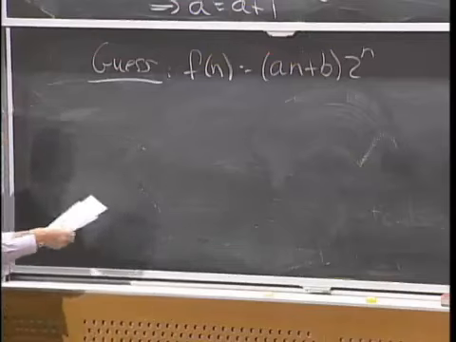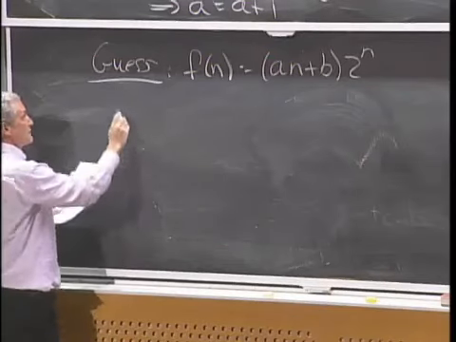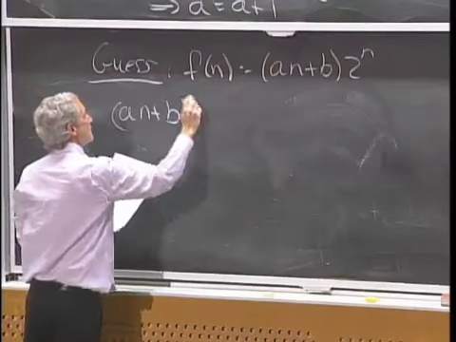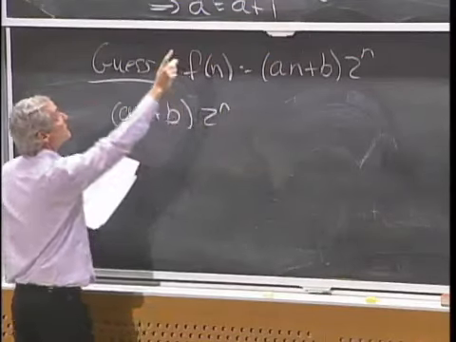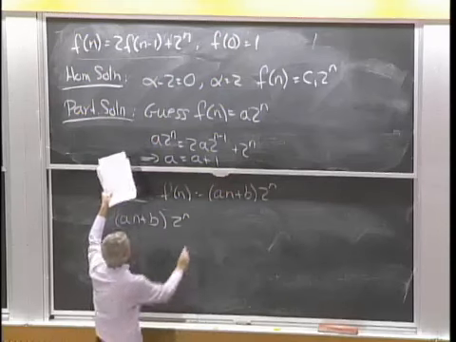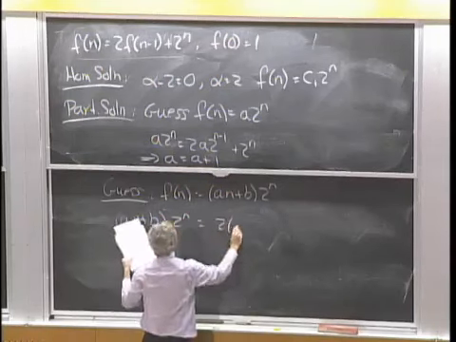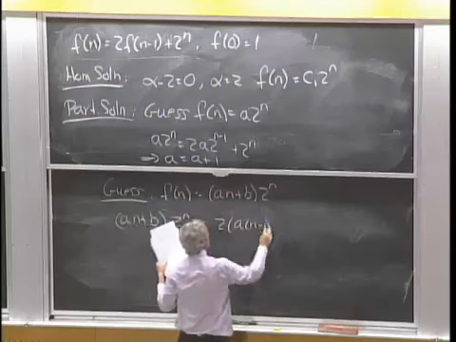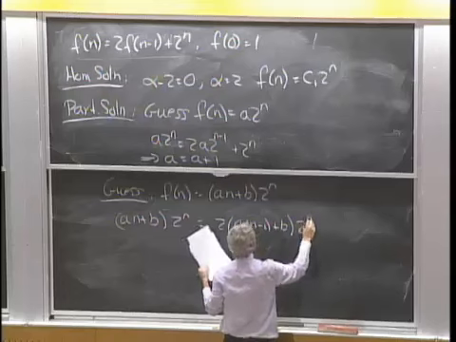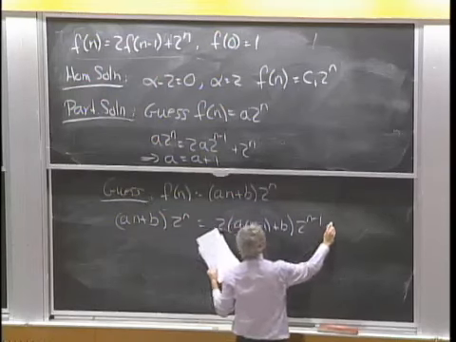We'll hope for better luck. So let's plug that in. (an plus b) 2 to the n into, where am I? Up there. Equals 2 times (a(n minus 1) plus b) times 2 to the n minus 1 plus 2 to the n.